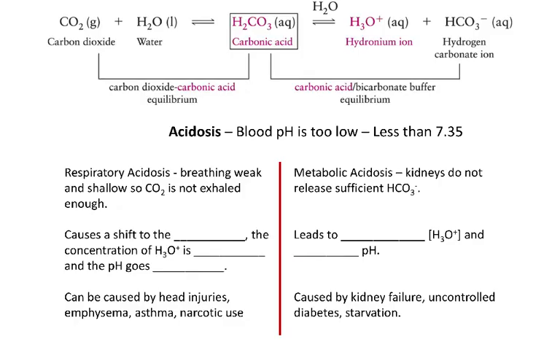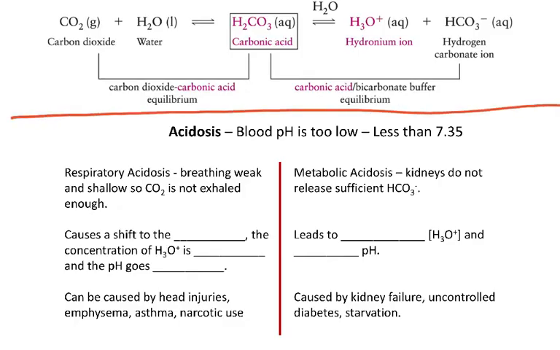All right, so here's that equation at the top, and then we're going to look at acidosis and how this can come about. So there's two ways, and we're going to be looking at basically coming from each direction of this equation.